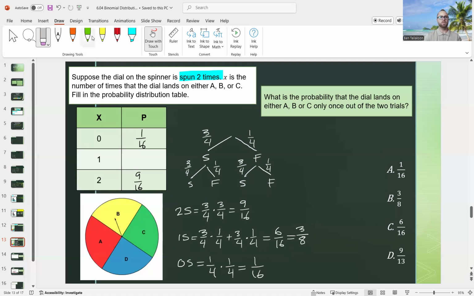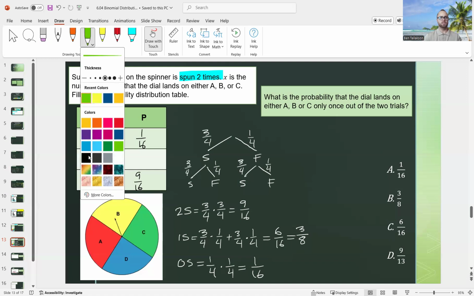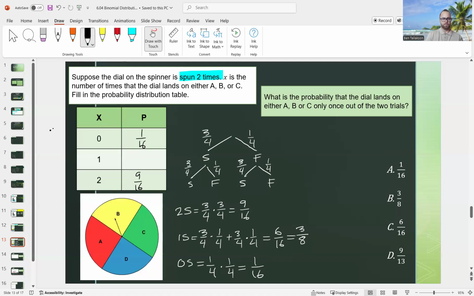Yes, that should be 3/8. And then 0 successes would be the fail. So 1/4 times 1/4. And then a question in addition, what's the probability that the dial lands on either A, B, or C only once? Well, that would be the 3/8.